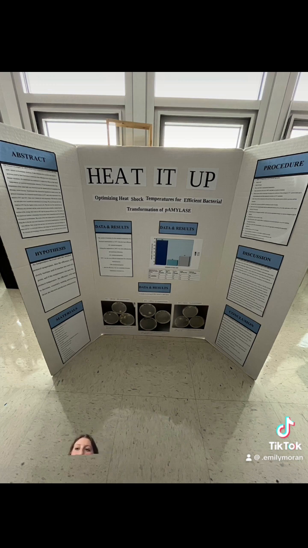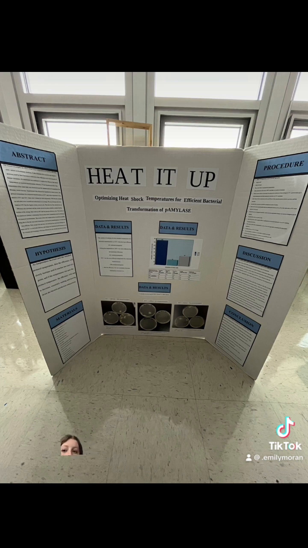The results on the plates of the control temperature were 5 colonies on one plate, 9 on one, and 89 on the last one, which for an average for the set of data, the number of colonies was 34. For the set of data for 34 degrees, one plate had 29, one had 106, and one had 312, which reached an average of 149 colonies.